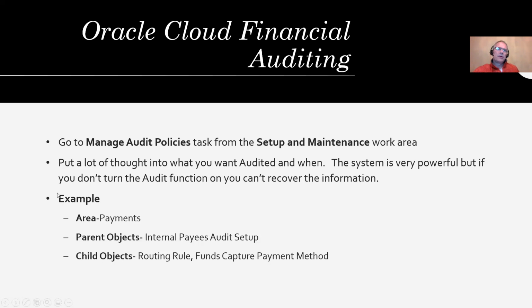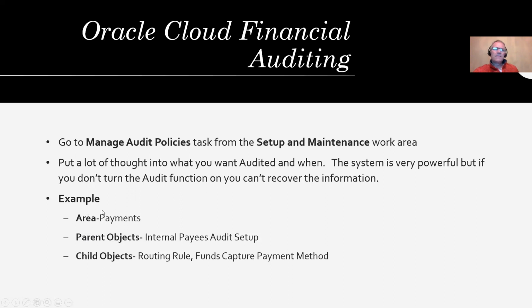Let me go over at least a Cloud example. Again, you can see here the area is payments, but there are about 10 or 11 areas, and each of them has multiple objects. At least you have a choice of several hundred things you can audit.